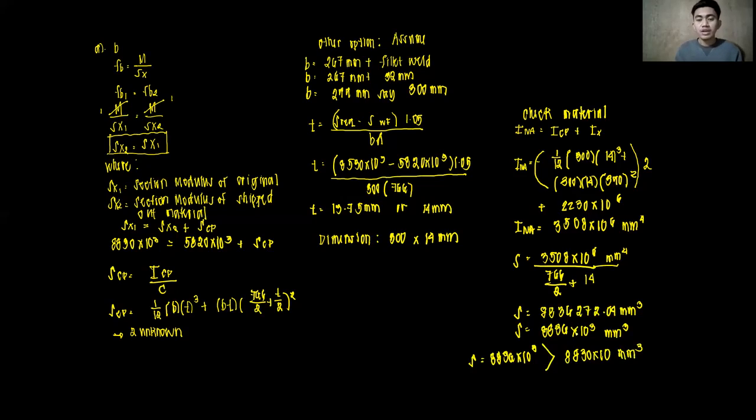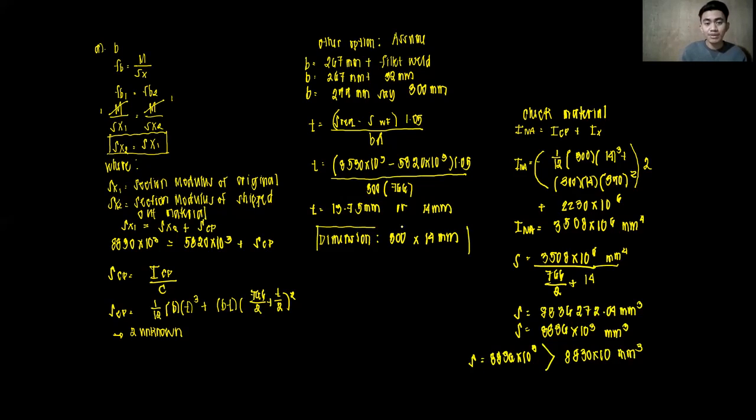So the combination for the section modulus of the shipped out material plus the section modulus of the cover plate is greater than the section modulus of the original material, which means that our design now for the cover plate having a dimension of 300 times 14 millimeter here now is safe to be used for construction.